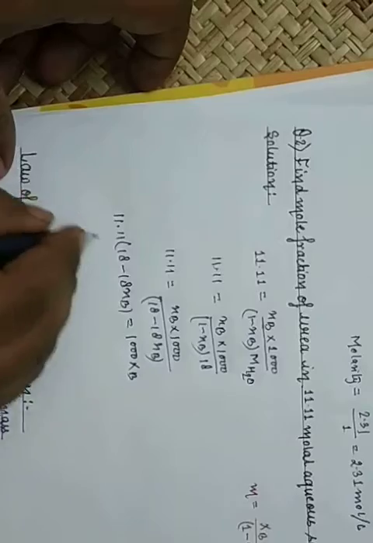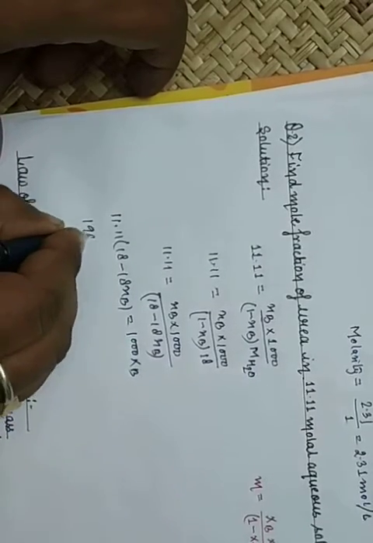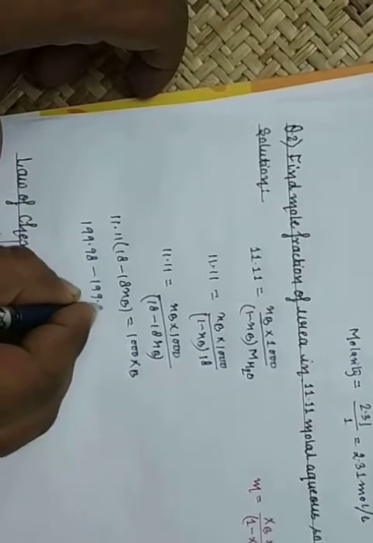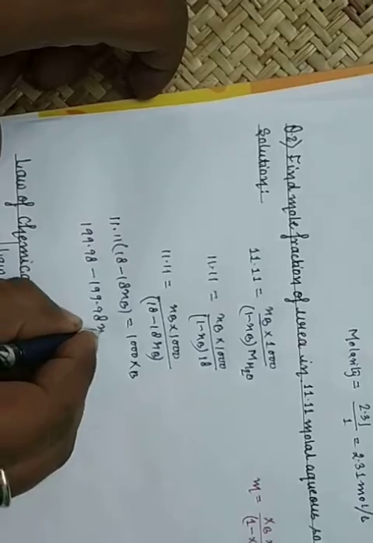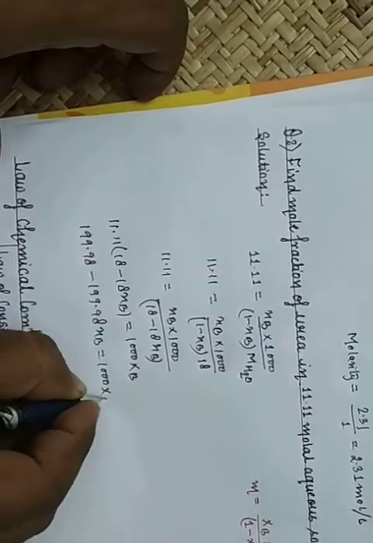So just multiply 11.11 into 18. This is 199.98 minus 199.98 XB, and here 1000 XB.